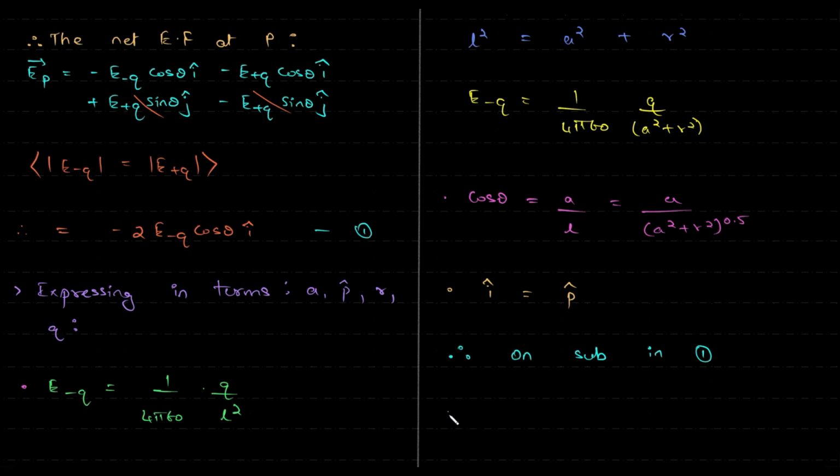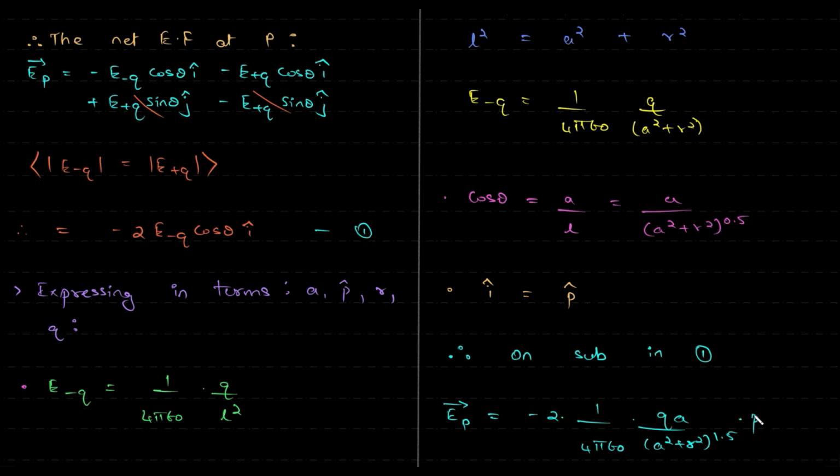So what do you end up with? Field at point P will be equal to minus 2 times 1 by 4 pi epsilon naught Q by A square plus R square. And here it's A, so I'm writing A here. The power is 0.5 and this is 1, so this will be 1.5. Again, I'm doing the math directly.